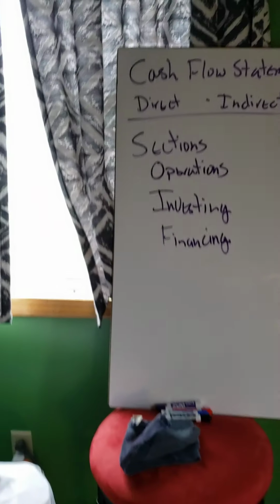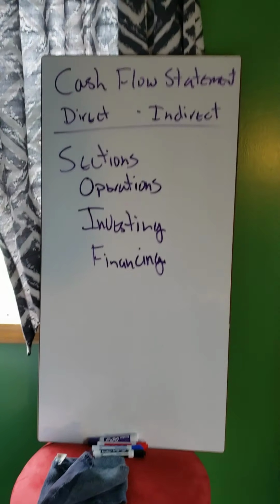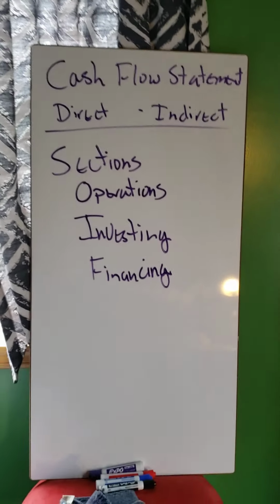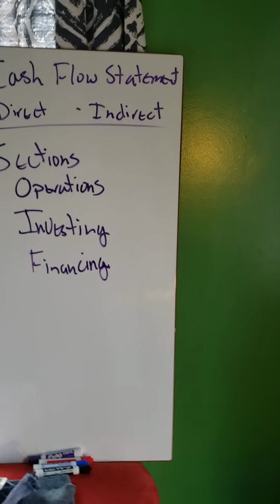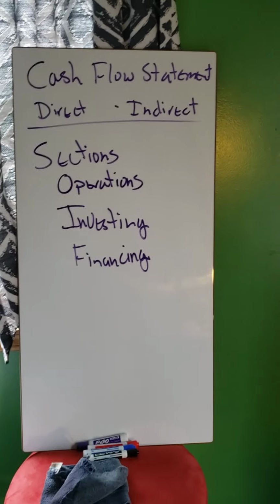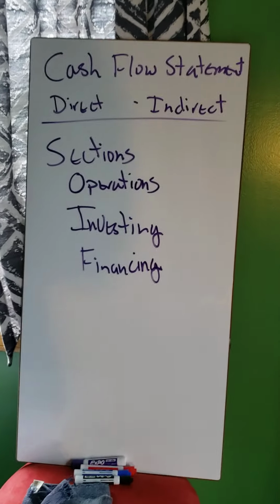On the cash flow statement, there are three sections. The operations section, cash flow from operations, is engaging in the business activity. That's my primary business activity.